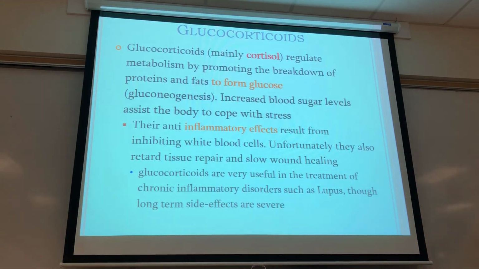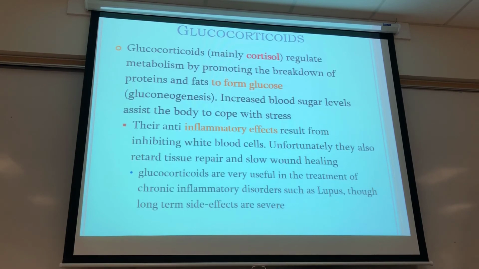They all worked at being able to raise glucose levels or utilize glucose as a metabolic substrate and also utilize fats. Both of them have been protein sparing because, like I said, protein will be used to build molecules from. Now, cortisol is going to promote the breakdown of proteins and fats to form glucose.